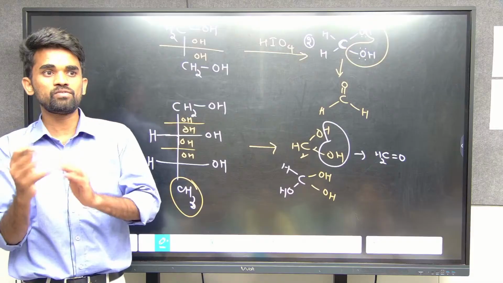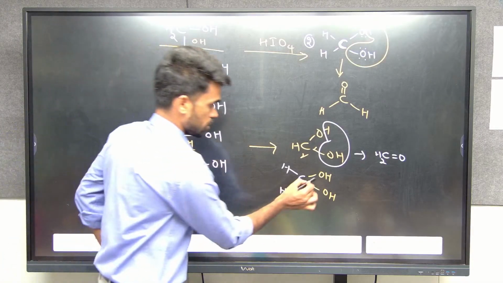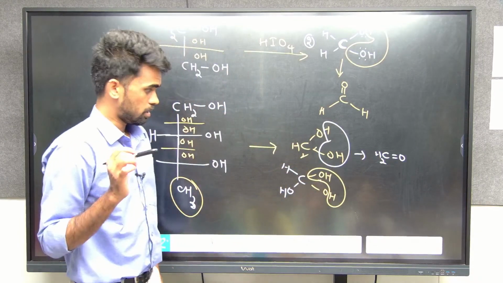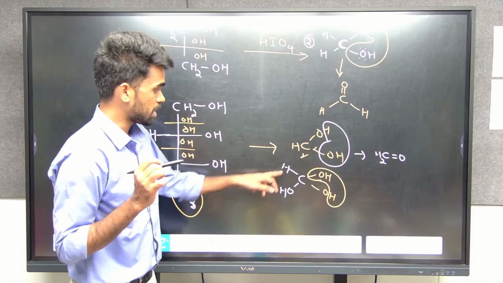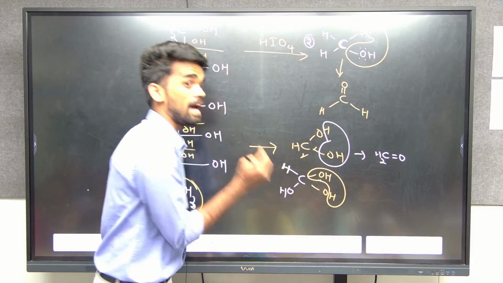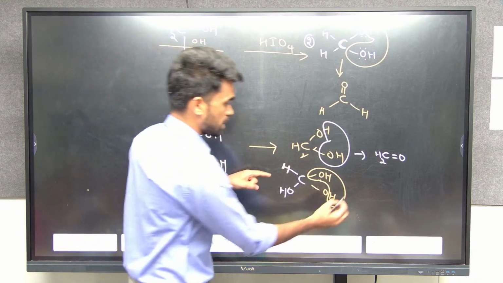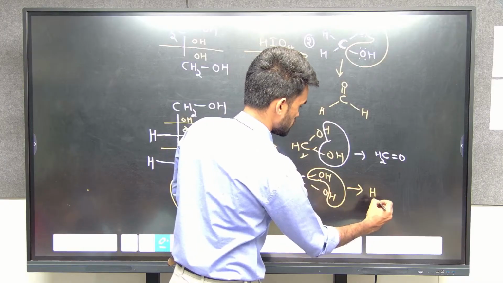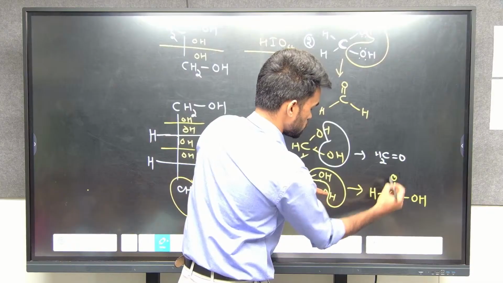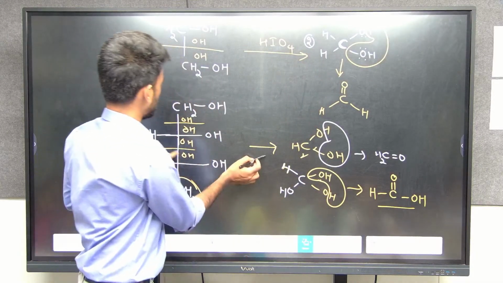Remove the possible number of water molecules. How many water molecules are possible to remove? 2. This one is done. Next, this side if I remove, what is remaining? You should not remove this hydrogen; only remove the acidic hydrogen, the OH group hydrogen. So now what is the remaining part? H, C, OH this side, and this is oxygen. So formic acid is the product. Clear? Next, for this one you tell me fast.